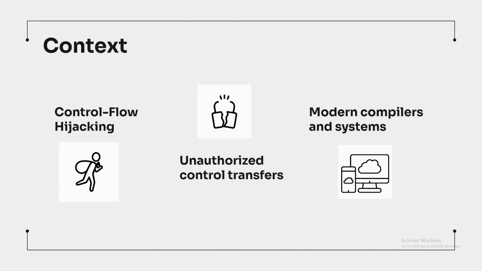Today, CFI is integrated into modern compilers, operating systems, and even embedded devices. It's a well-established defense and a necessary one. However, while CFI protects how a program executes, it doesn't really protect the data the program relies on. And that leaves a significant gap in overall security.